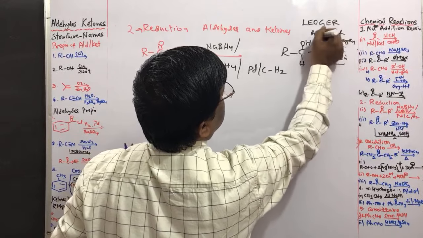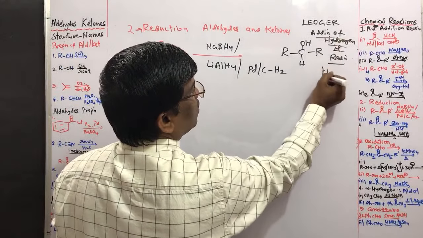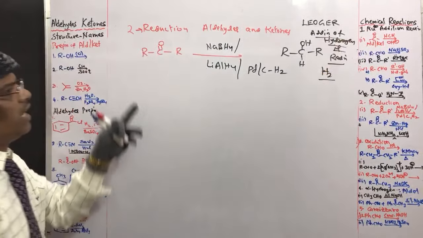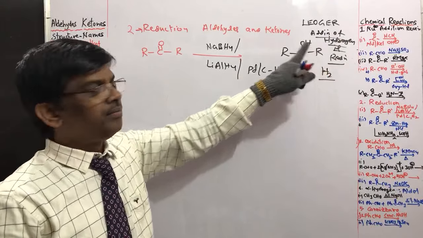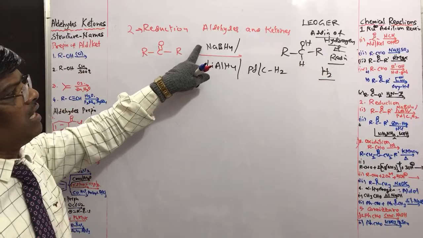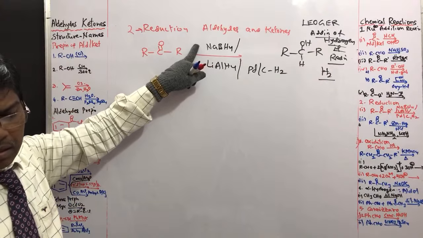So stick on to this reduction step. We are adding hydrogen, H2, to the ketone or aldehyde to give this alcohol. Yes, students. So the easiest or cheapest material.